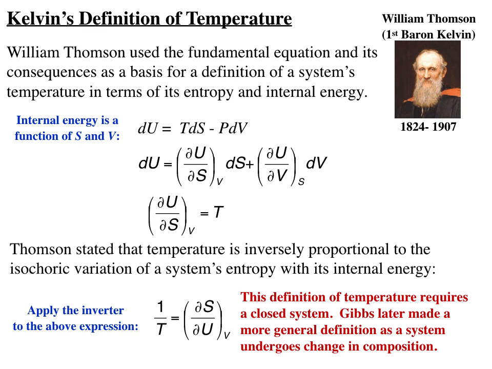So what Thomson then did was just state that U is a natural function of the variables S and V. So it has to be equal to the partial of U with respect to S at fixed V, dS, plus the partial of U with respect to V at fixed S, dV.